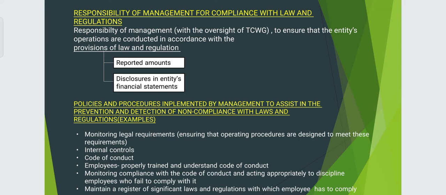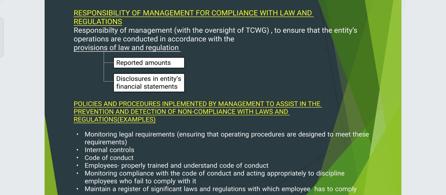As I have mentioned earlier also, prevention and detection is not the duty of the auditor. The auditor's duty is to check whether the organization is complying with the laws and regulation or not. If not, then identify the material misstatement and its effect on the financial statement and give their opinion accordingly.